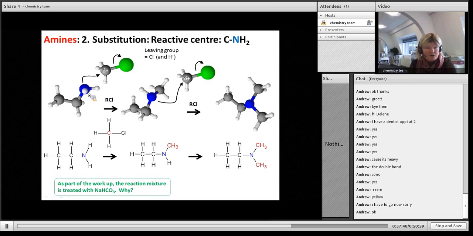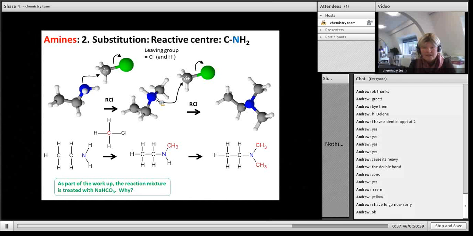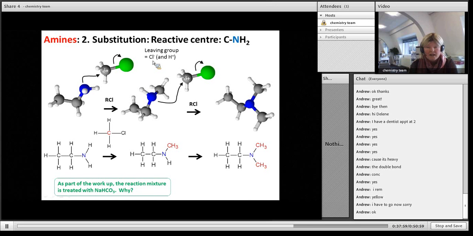Now it's gone down to 1, because nitrogen prefers 3 bonds unless it's acting as a base. There are the 3 bonds. So each time I'm removing an H and a Cl, or H and a Br, and I hope you know that HCl is acidic, so I have to neutralize that when I work up my product.